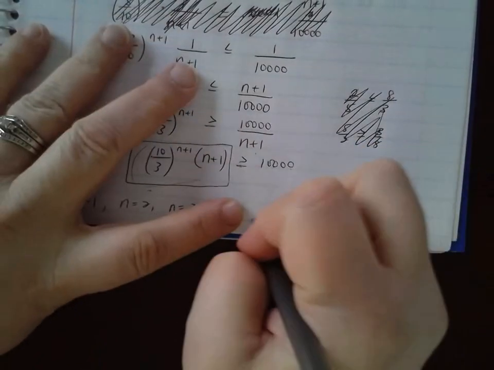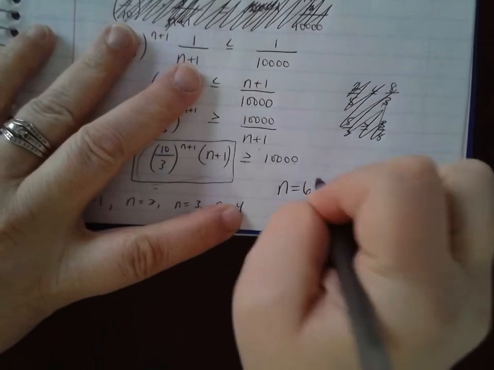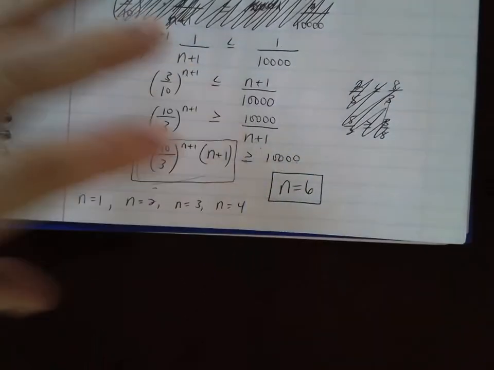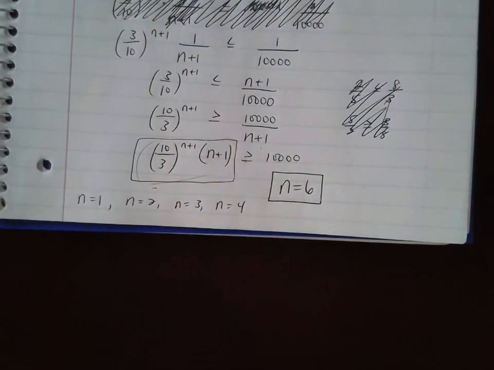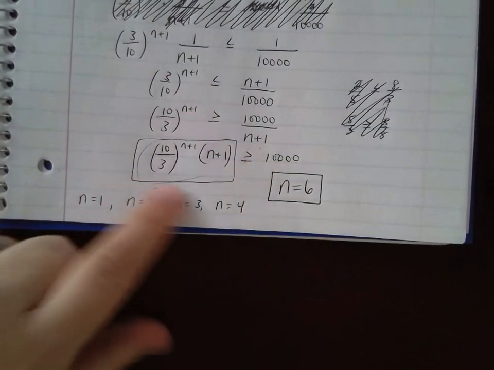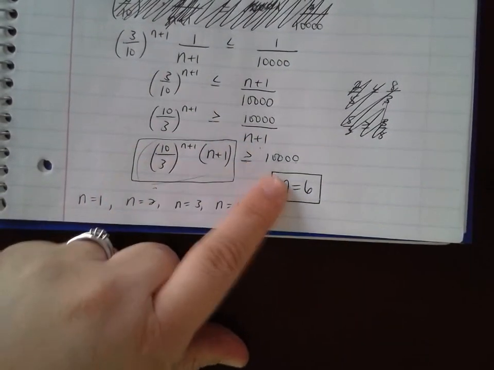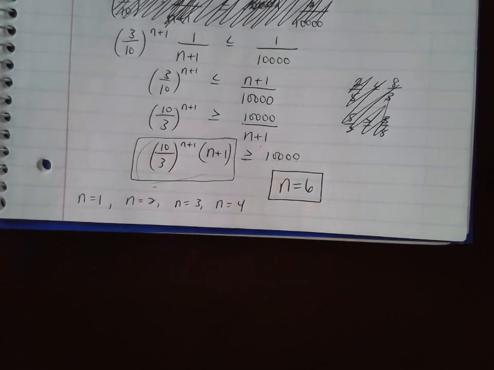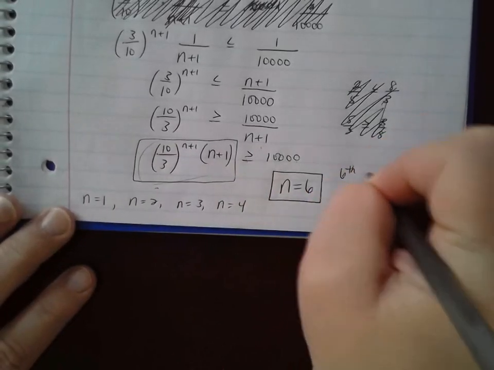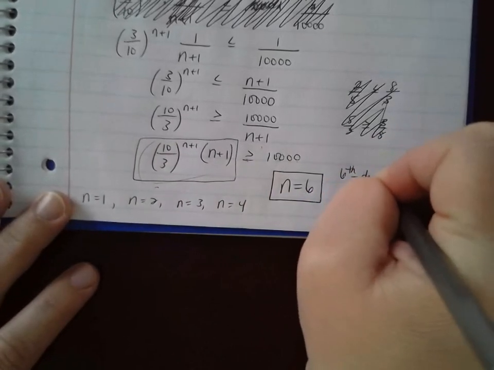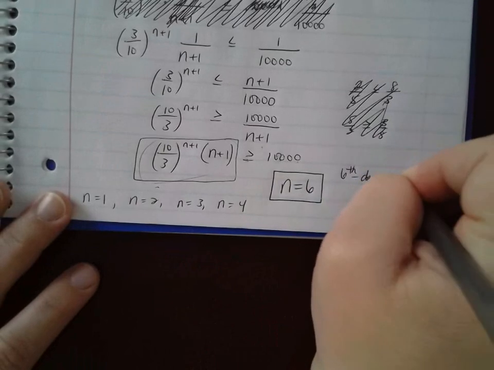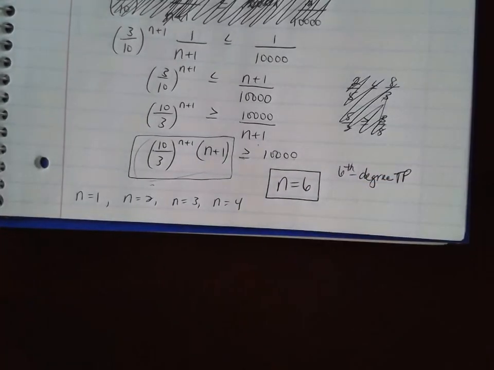So the n value that we would have to use to minimize our error ended up being a number that would have to give us a total greater than or equal to 10,000, and that number was 6. So we would need a 6th degree Taylor polynomial to approximate that within the error that we wanted.